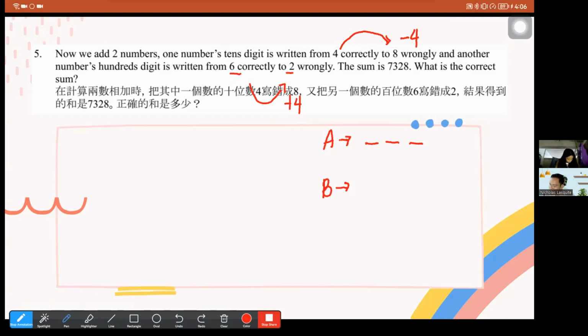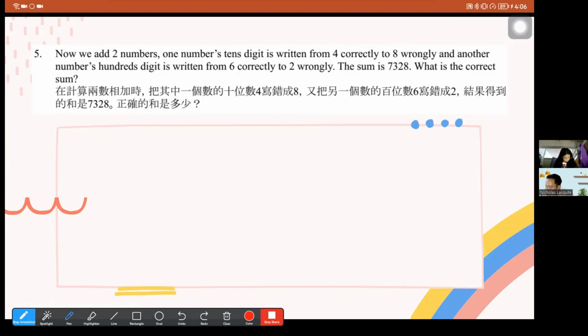So if you try to analyze, the difference between 4 and 8 is negative 4. And the other one is 6 to 2, so that is plus 4, right?